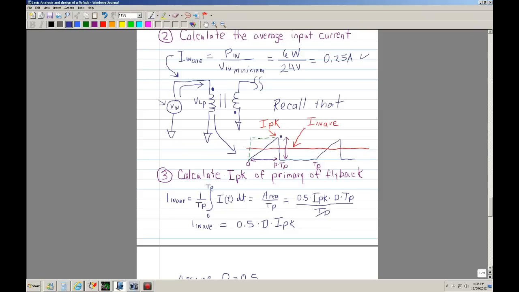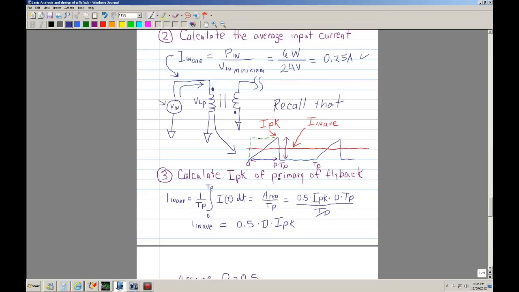It ramps up and then turns off, remains off for T off, and then ramps up again. So you have a relationship between I peak and the input average current.